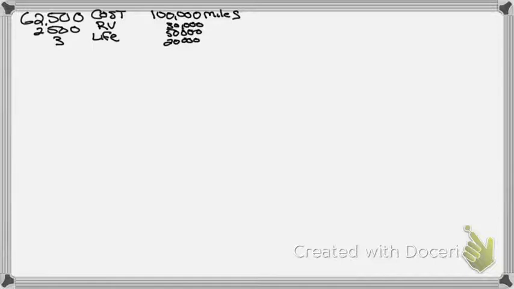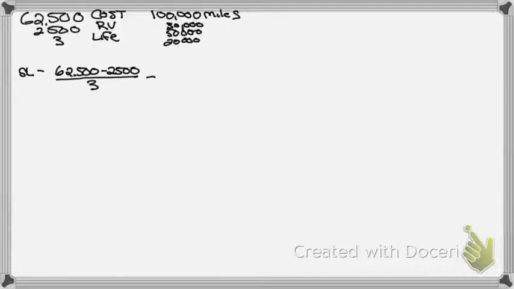So the first thing we're going to do is straight line. Straight line says that we take 62.5 minus 2.5 divided by 3. All right. 62.5 minus residual value divided by the life.